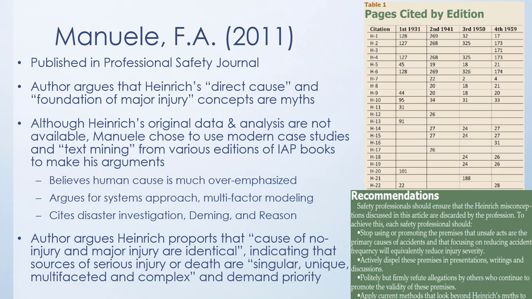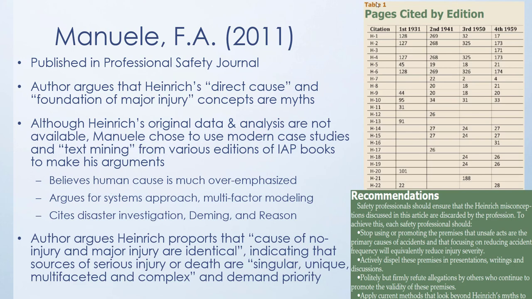He says that these were complex causalities and that Heinrich's simple, forward approach of one person's error does not explain it. Well, I don't think Heinrich said that in 90 years or 100 years this stuff is going to hold true. He's saying it based on what we knew back then.